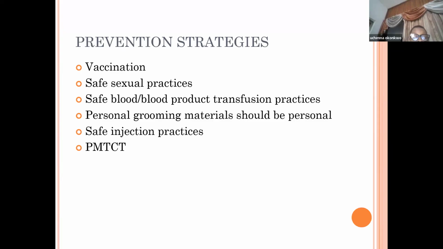Now, on prevention of mother-to-child transmission, a lot is being done under the subheading. A lot more pregnant women are being screened, but again, in the rural population where most women will rather deliver at home, that is still a problem. Pregnant women don't get to access this care.